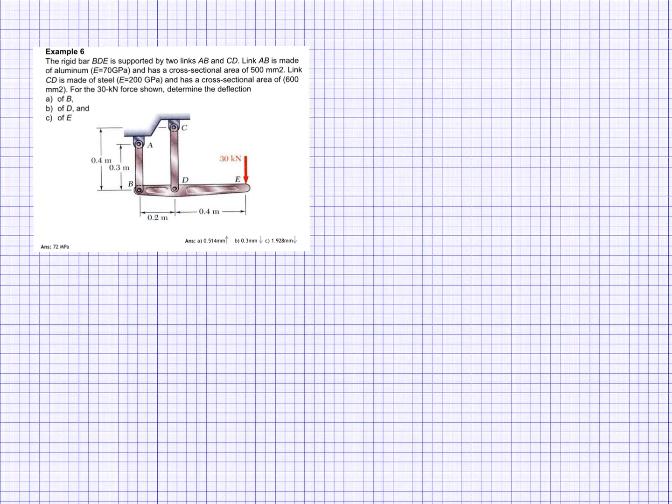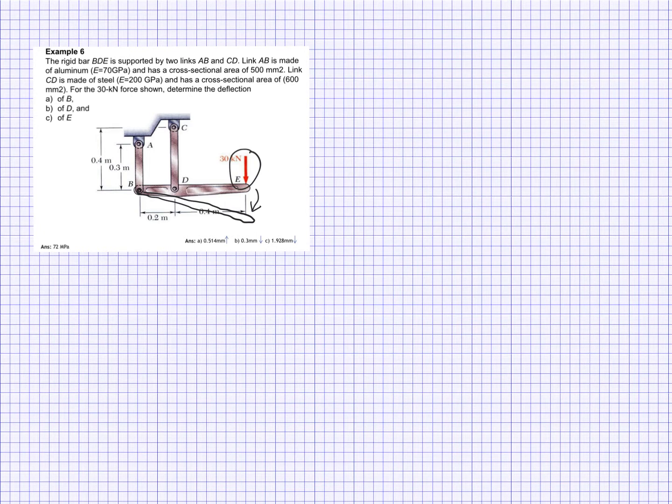So by logic, we can see that this bar BDE is going to have a moment, right? Going to rotate this way. See, this is the load. Okay, so the bar might become like this due to the force.